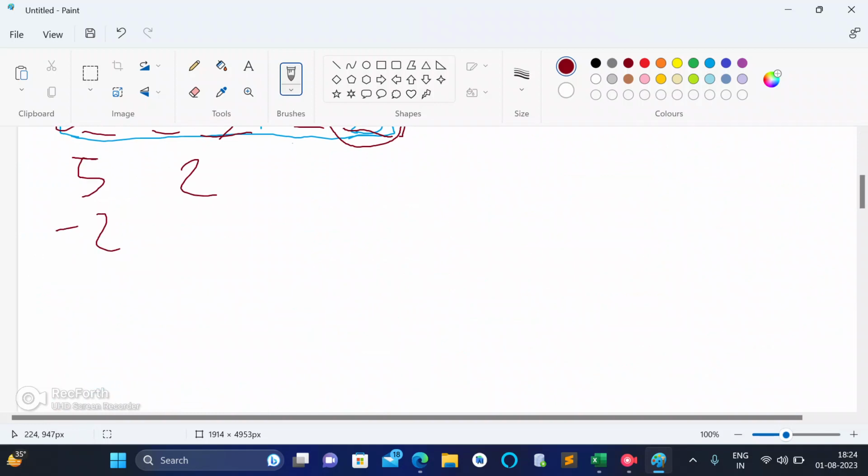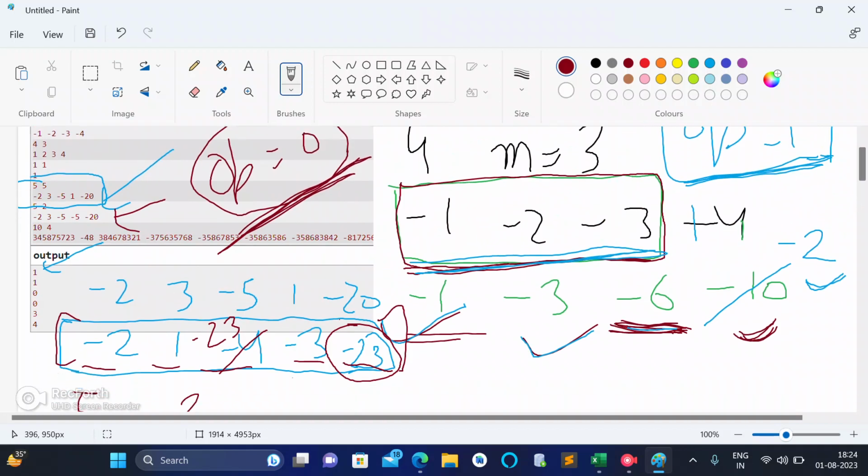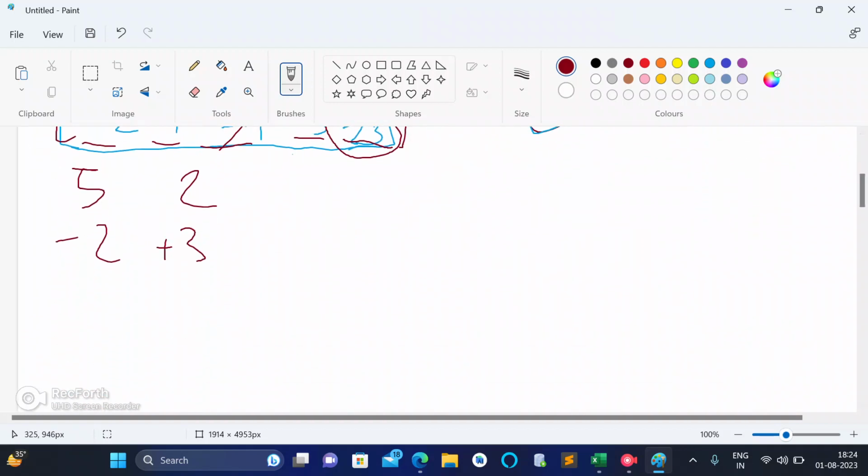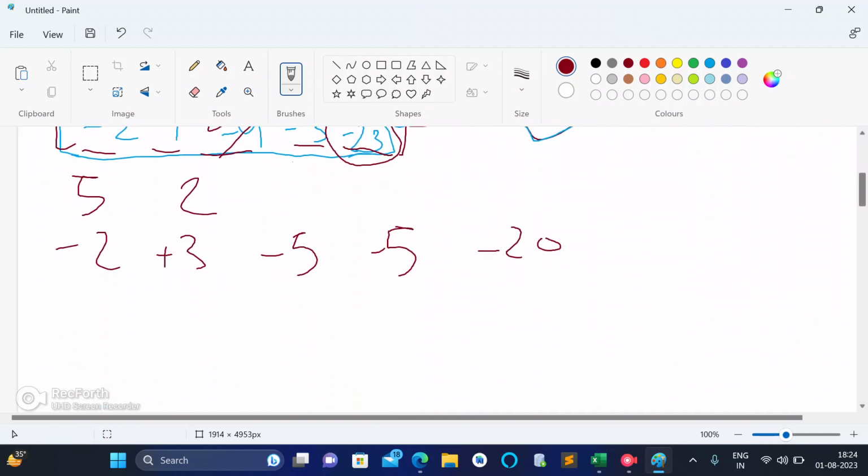Here we have to consider the first two terms, that is, we want to minimize the sum of the first two terms.